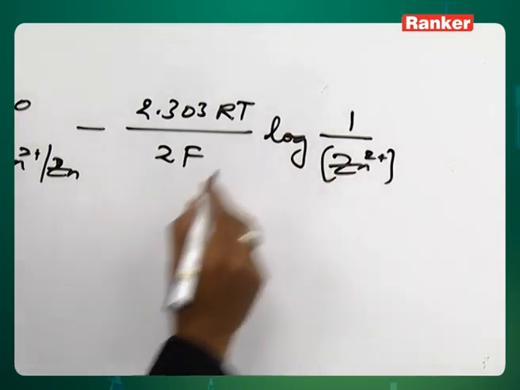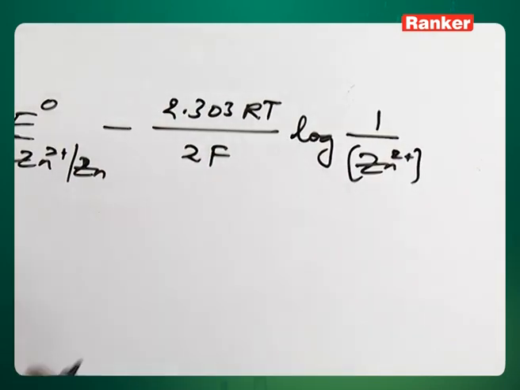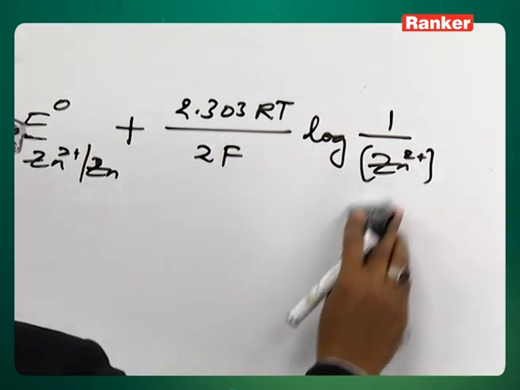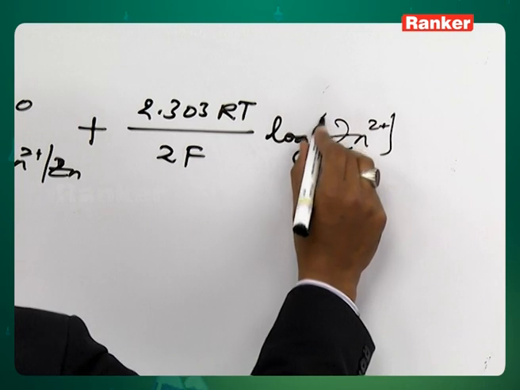So what I can do is change this sign and bring this to the numerator, so I can modify it to log of concentration of Zn2+ like this.